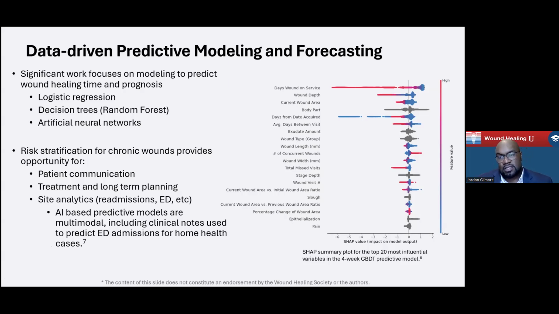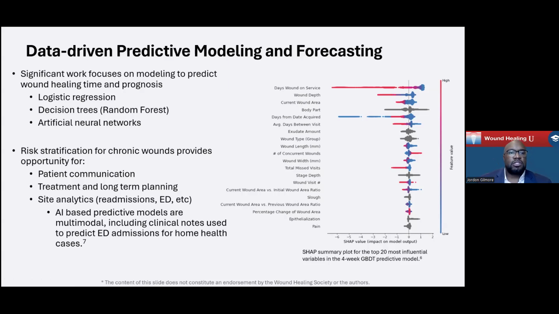What that's displaying is the directionality, right? So for example, for the first variable, days wound on service, the more negative that value is, the less likely the patient is to heal within 4 weeks. So we can get a great amount of insight from adding these sorts of explainable algorithms on top of our AI approaches.